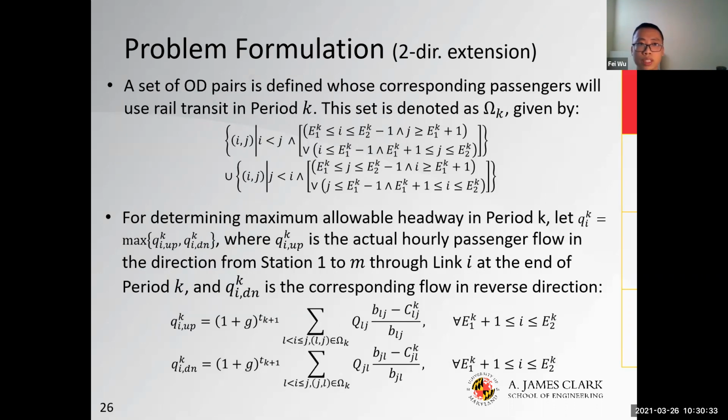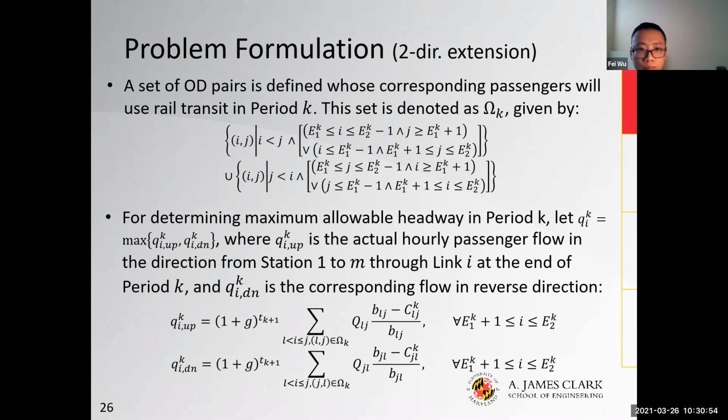We are also using a set of OD pairs that is defined for how the passengers will use the rail transit in different phases k.